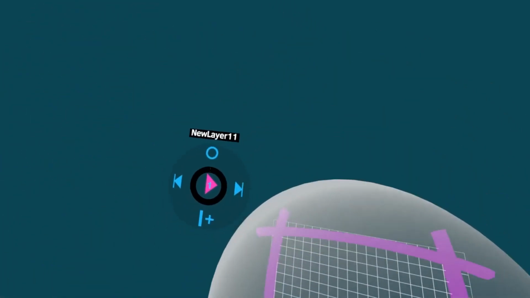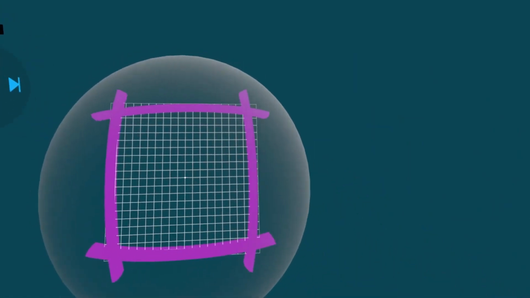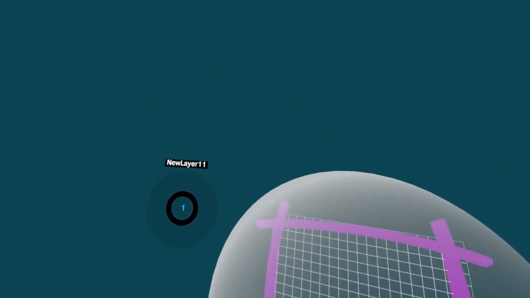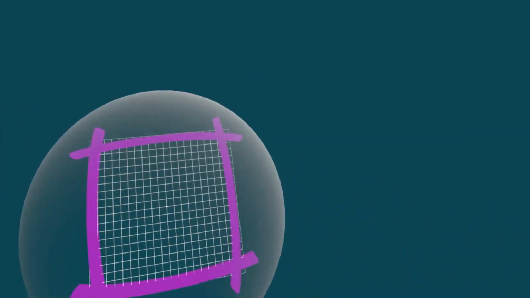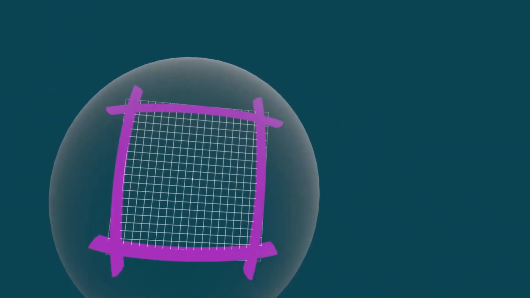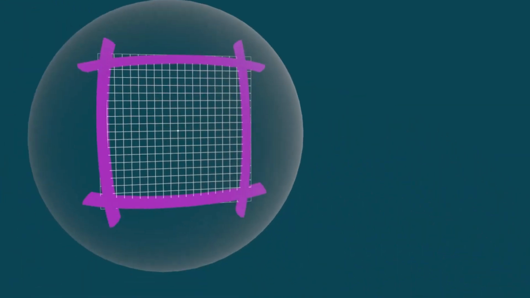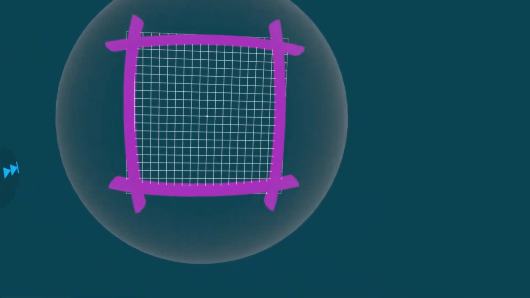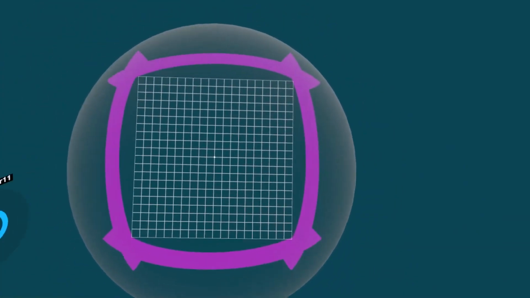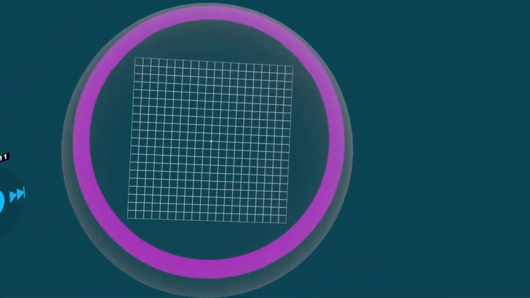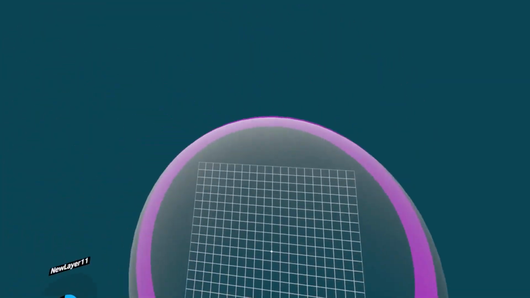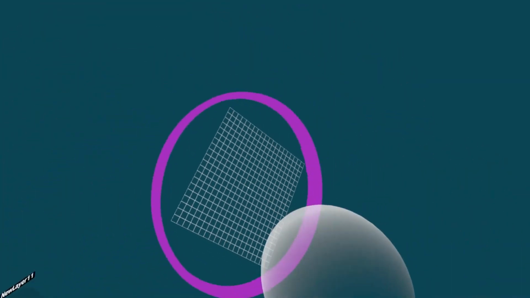Then I take my layer, I create a copy of this layer, so I push the left trigger and go up with the analog stick and see what I get. You go and push it up against the wall, the sphere, and then I have a perfect circle.